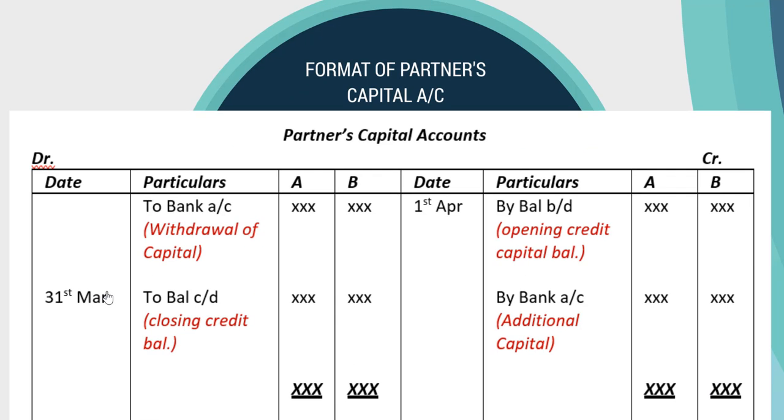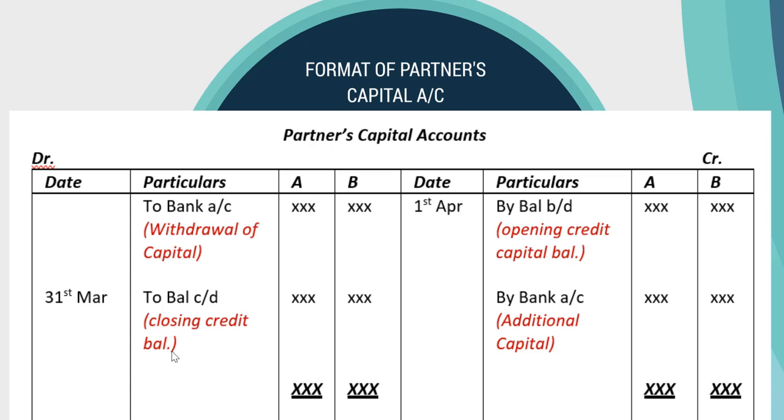Now let's go to the format of the account. As we said, the opening credit balance comes on the credit side of the account as by balance brought down. Any additional capital introduced by the partner comes as by bank. On the other side, for withdrawal of capital, it's to bank account, and the balance, which is the closing credit balance, comes on the debit side of the partner's capital account.